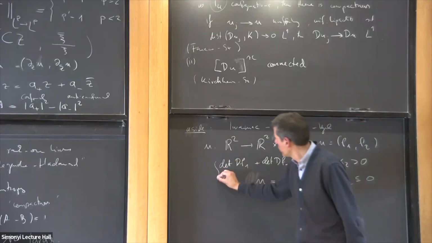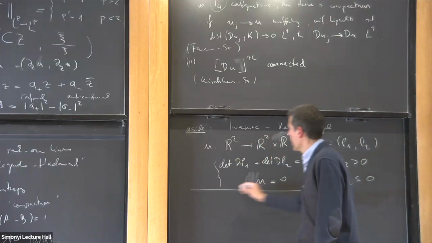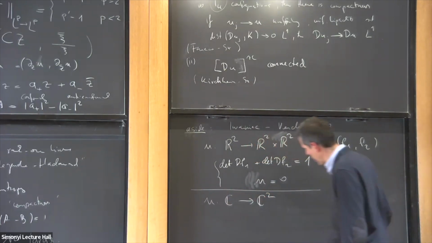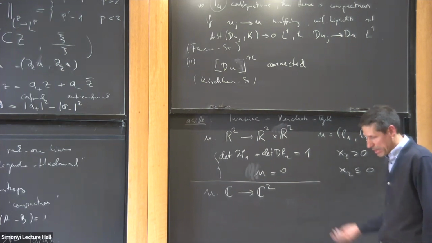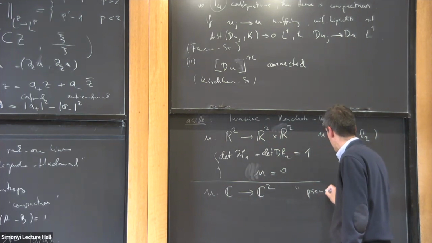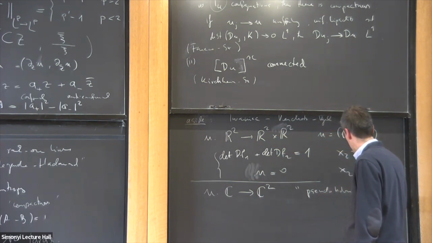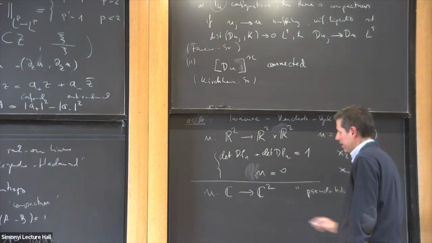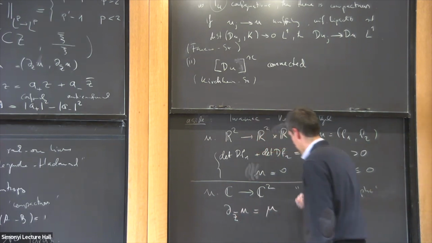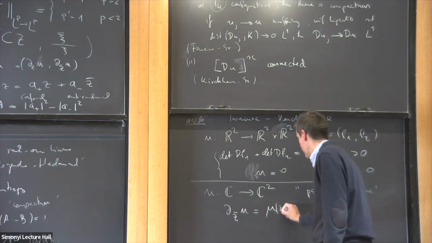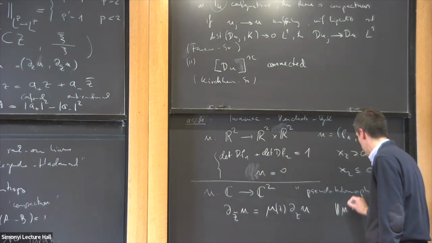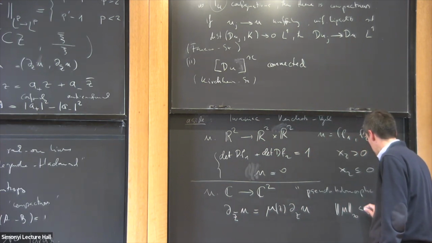So you can also say it this way. If you think of u as a mapping from C to C squared, then it's, if you like, pseudo-holomorphic, in the sense that the z bar derivative is equal to a complex matrix times the z derivative with norm less than 1.